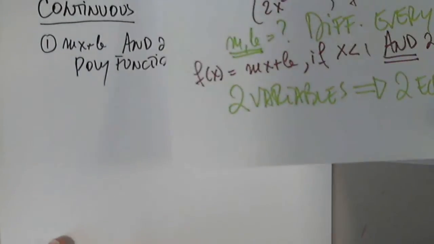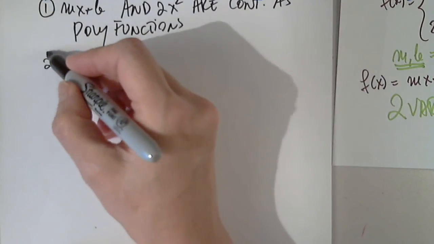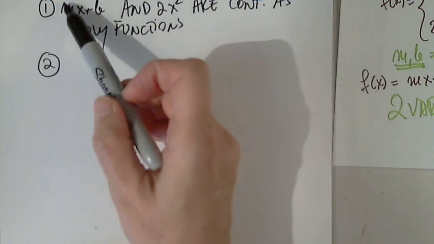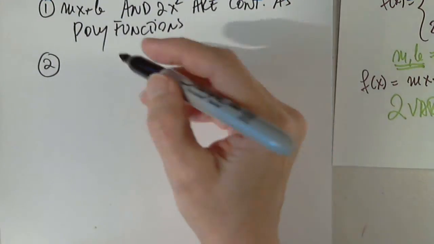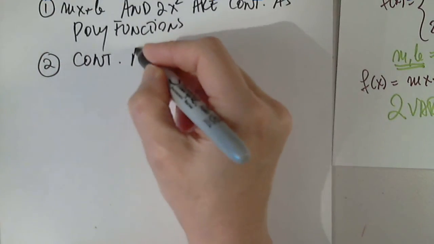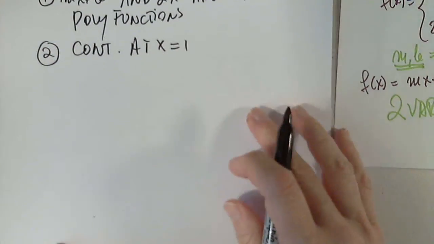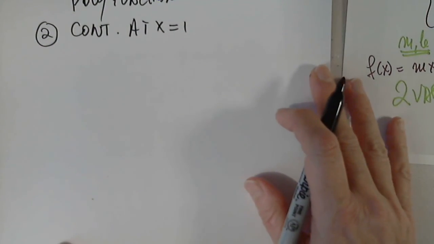This I have to put in writing. Number two, this is always continuous, this is always continuous, but I don't know what happens, so continuity at x equals 1. I have no idea what happens at x equals 1.